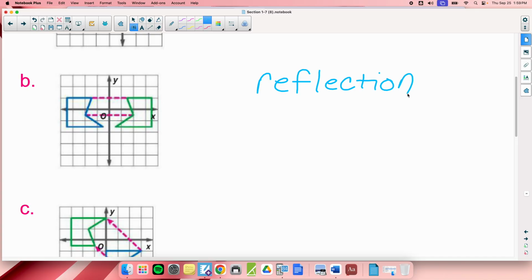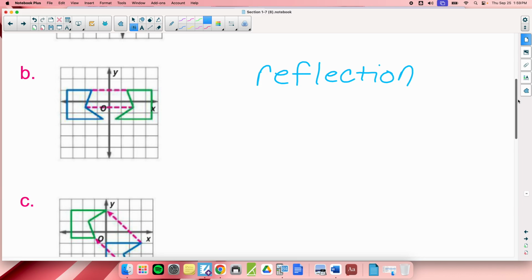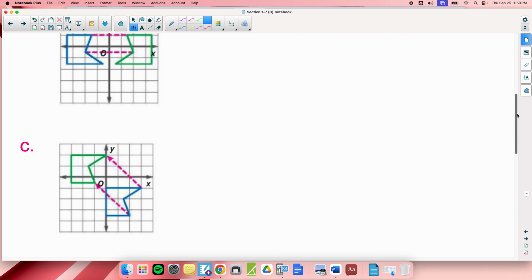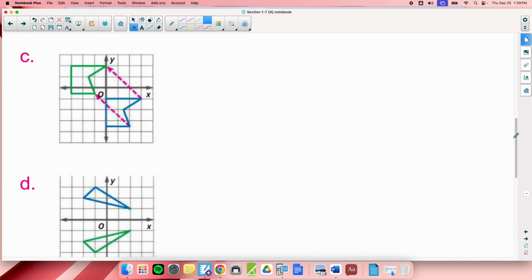The Y. You don't have to say that, but just so you're aware of that. Then, what do you guys think of C? C is the one where it slides and it's called a translation. So when you just take something and you slide it, you don't flip it, you don't turn it, that is called a translation. Okay?